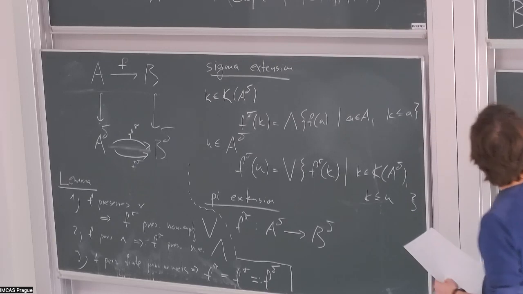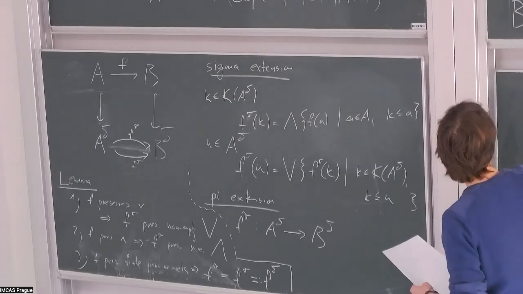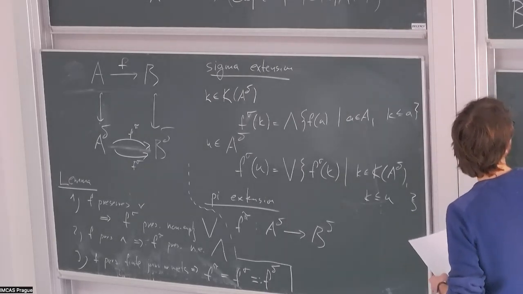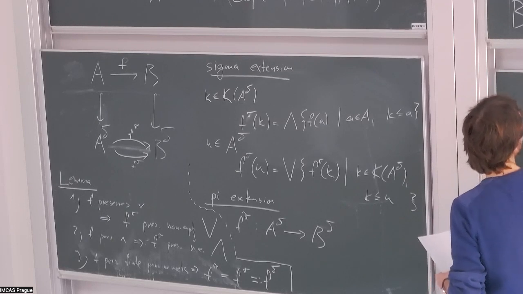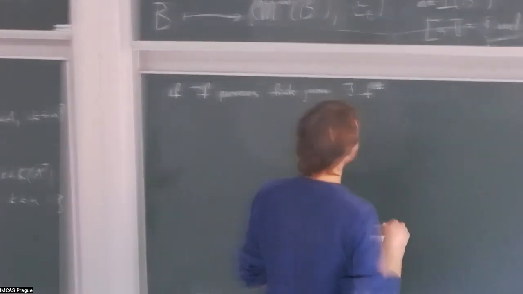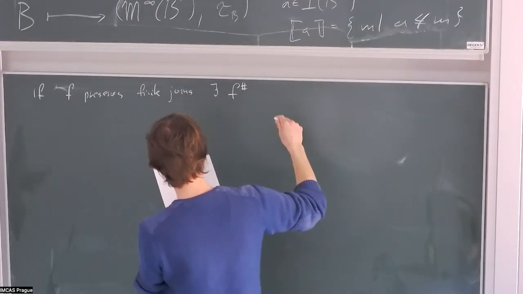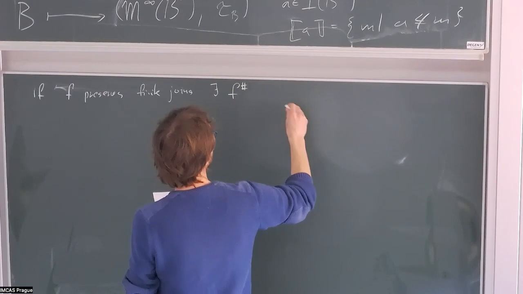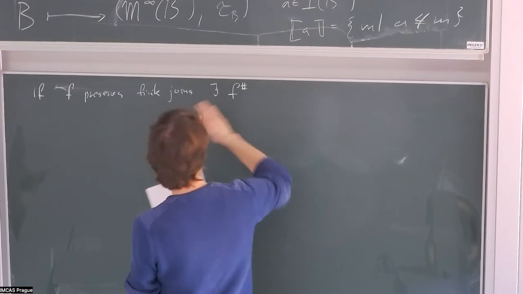Right. So if F preserves finite joins, there exists F sharp. It should be sharp. It's flat and sharp. And that has the property that it's a right adjoint.